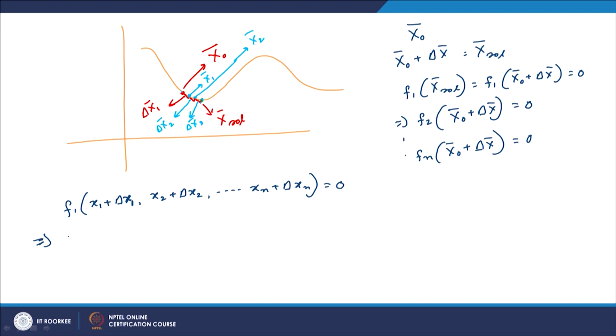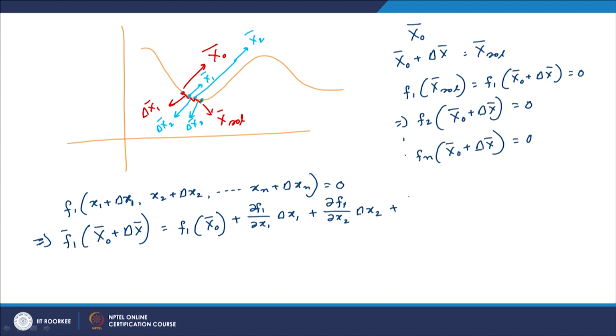In that Taylor series expansion, for brevity, f1 of x naught plus delta x is given by, this is the standard Taylor series expansion, f1 of x naught plus del f1 del x1 into delta x1 plus del f1 del x2 into delta x2 plus and so on, del f1 del xn into delta xn is equal to 0.